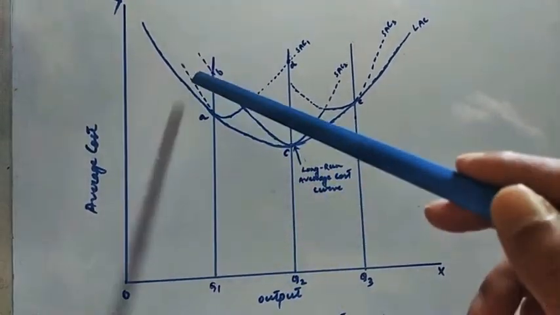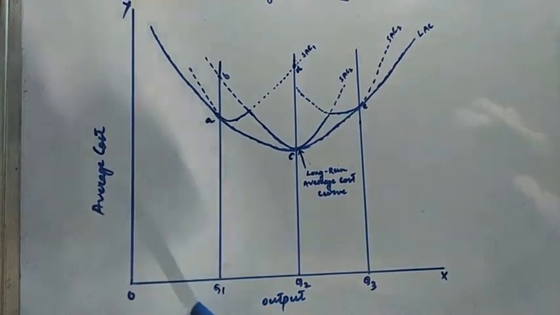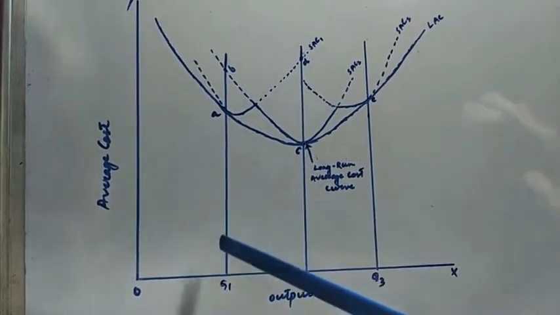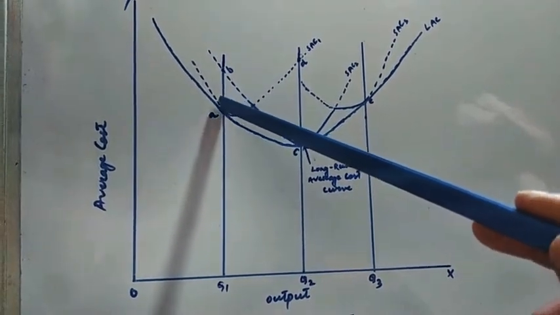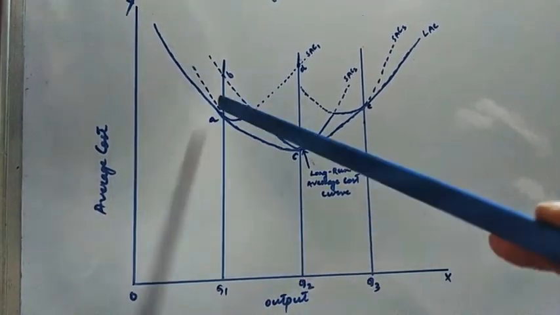So if the producer is planning to produce OQ1 level of output, it will choose the plant size SAC1 to produce OQ1, with the average cost at point A corresponding to the output.